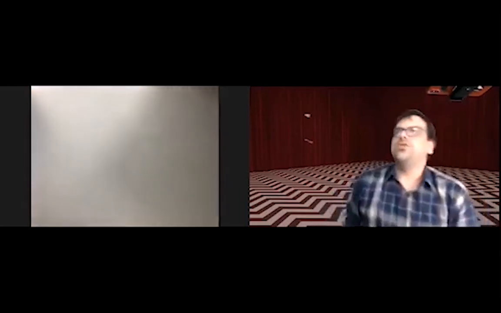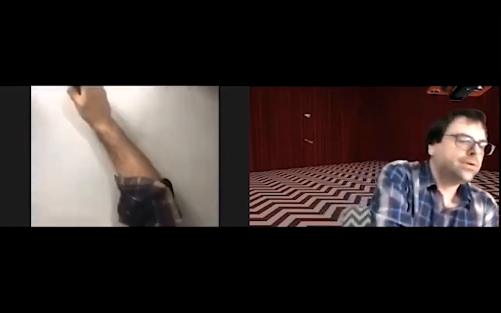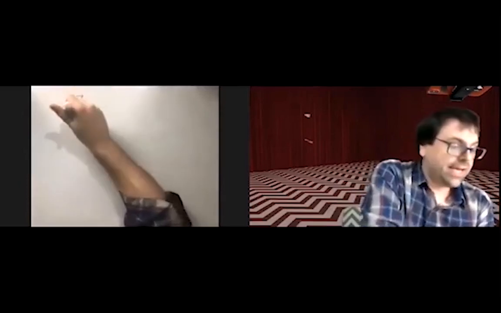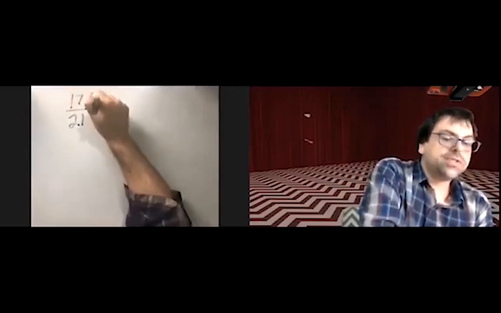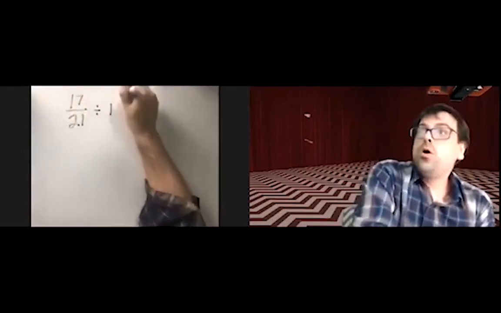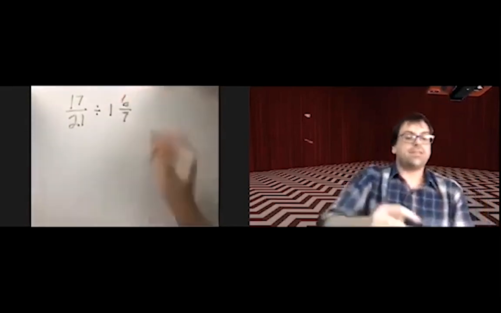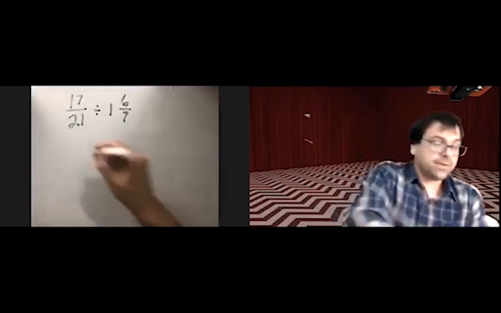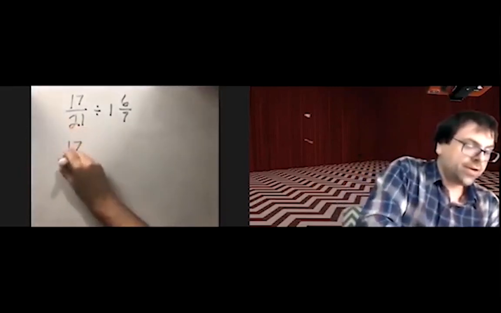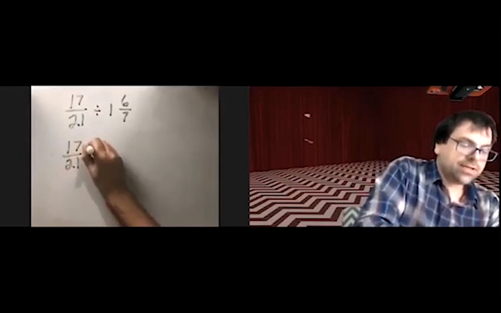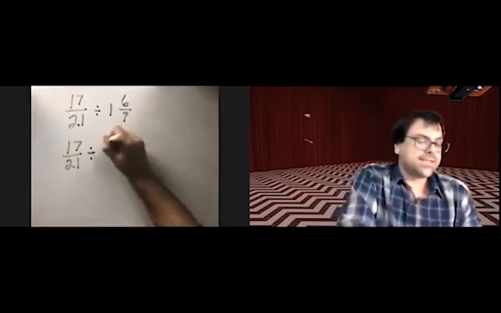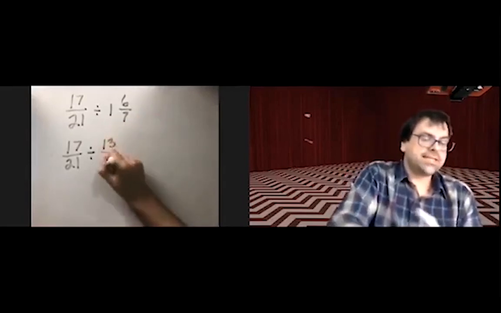Well, maybe we'll have to change the next one to a mixed number. 17 21sts divided by 1 6/7. Get rid of the mixed number. 17 over 21 divided by 7 times 1 is 7 plus 6 makes 13/7.